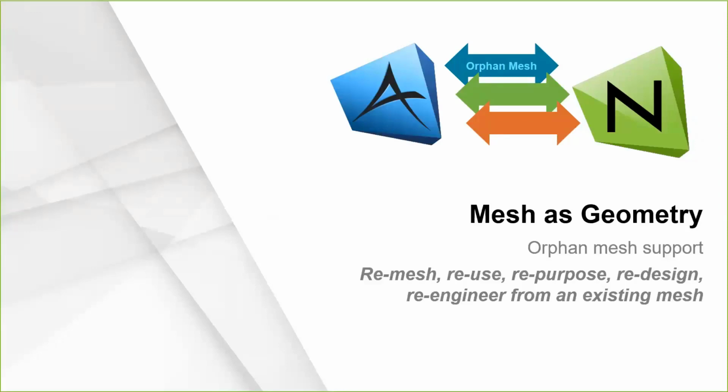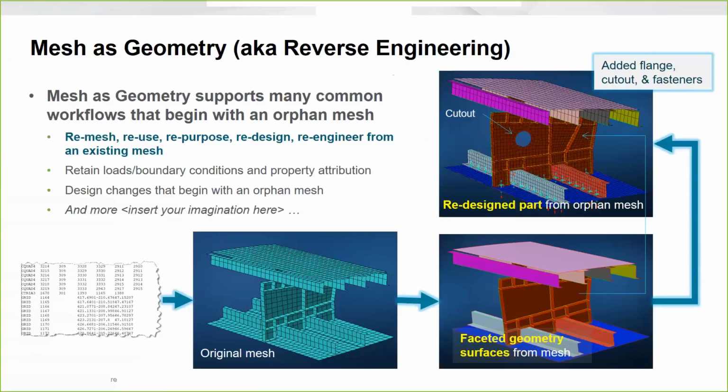Last thing on this slide, I know this slide's not very exciting, but I want to dive in just a minute to the terminology mesh as geometry. When we read an Orphan mesh into Apex, we're actually going to turn that into geometry, and that's exciting because that allows us to easily preserve loads, boundary conditions, attributions such as thickness and material assignment, and it's also going to enable many of the tools that you love in Apex, the direct modeling, to be used on this, as well as automatic model updates or the generative nature of Apex as well.